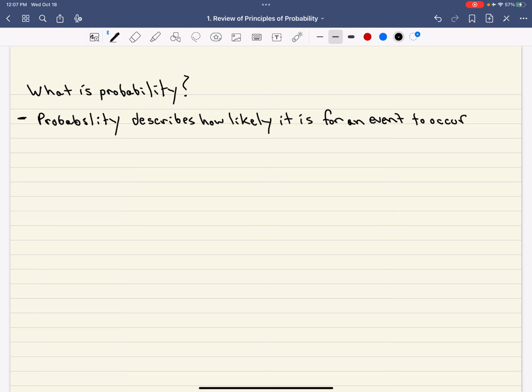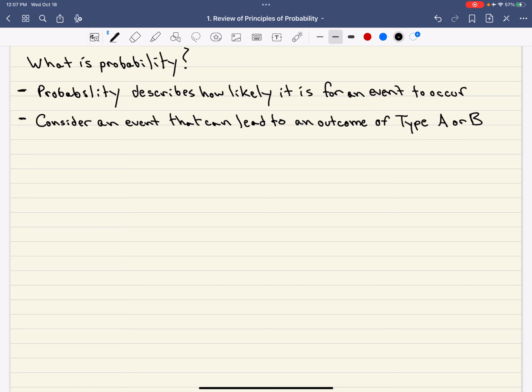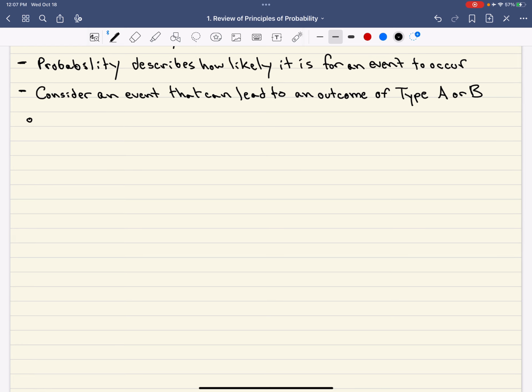Alright? And so to provide an example of this, consider the case where you're dealing with a scenario in which there are only two outcomes that can occur. So let's consider an event that can lead to an outcome of type A or type B. A real-life example of this would be the flipping of a coin.